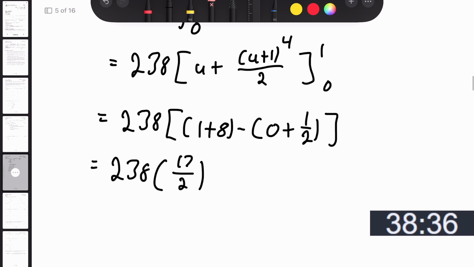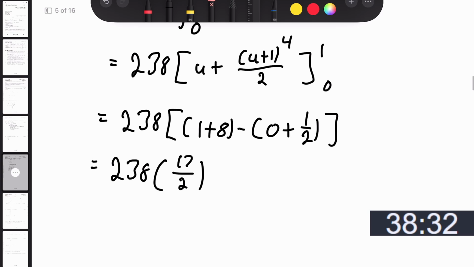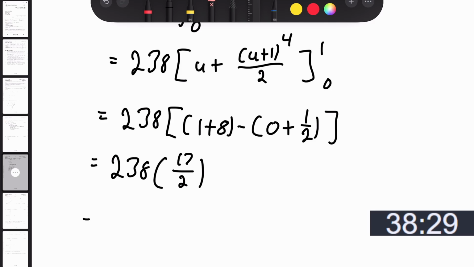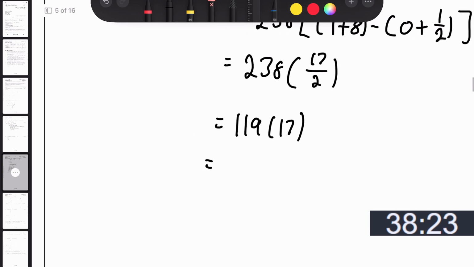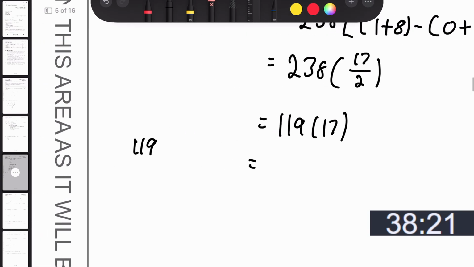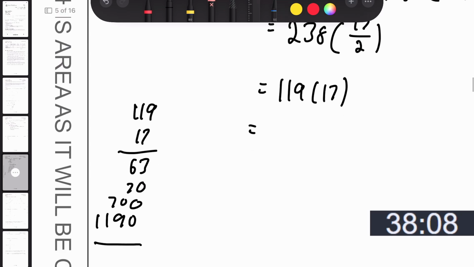Oh god. What the heck? So it's going to be 119 times 17, which is going to be, why are they making me do this? 70 times that is 63, 7,700, and then 1,190.